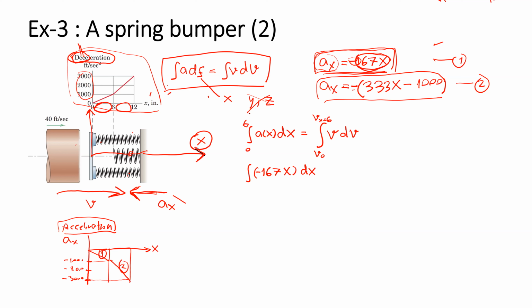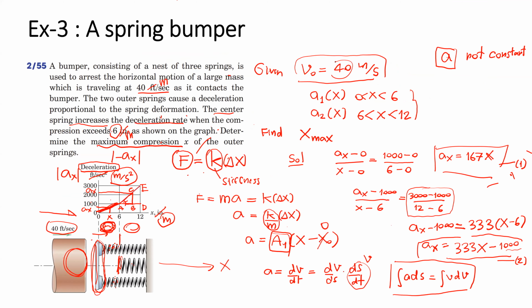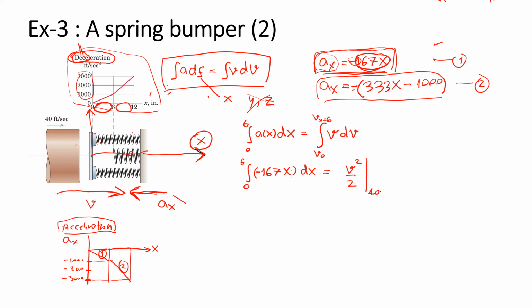And yes, for the integral, we do the integral of the first equation by dx, with the limit of integral from x equal to 0 to 6. On the right hand side, it should equal v squared per 2. From v0, we know that v0 equals 40. And v is the velocity when it passes the point of 6 meter deformation.